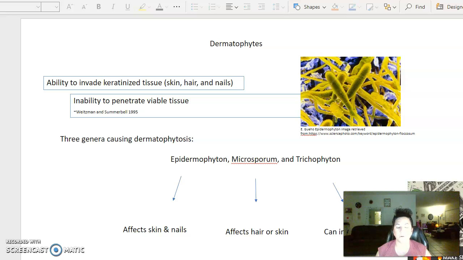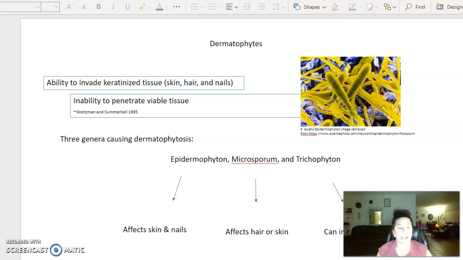From Warnock and Schiller, we know the dermatophytes can be split into three ecologic groups depending on whether their usual natural habitat is in the soil or in animals. If it's in animals, we call that zoophilic species.